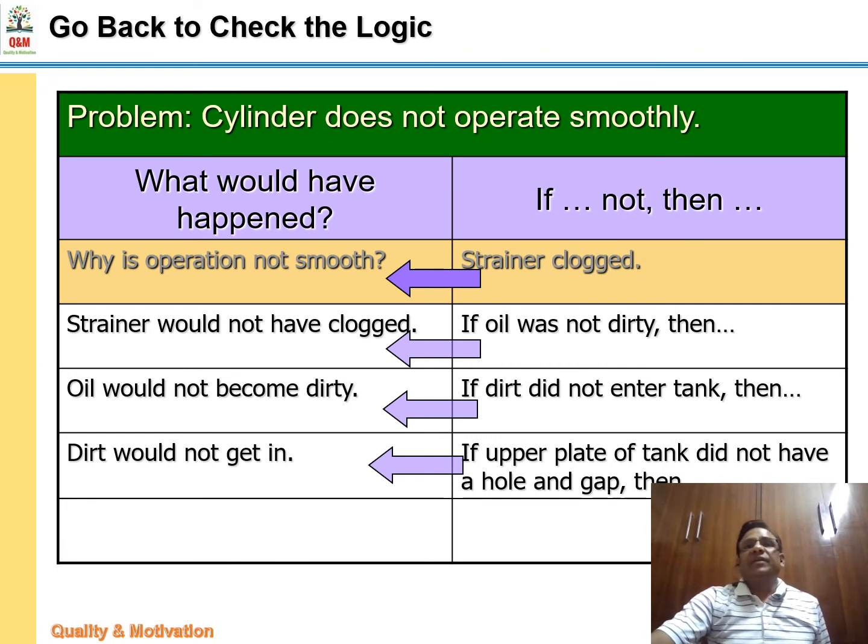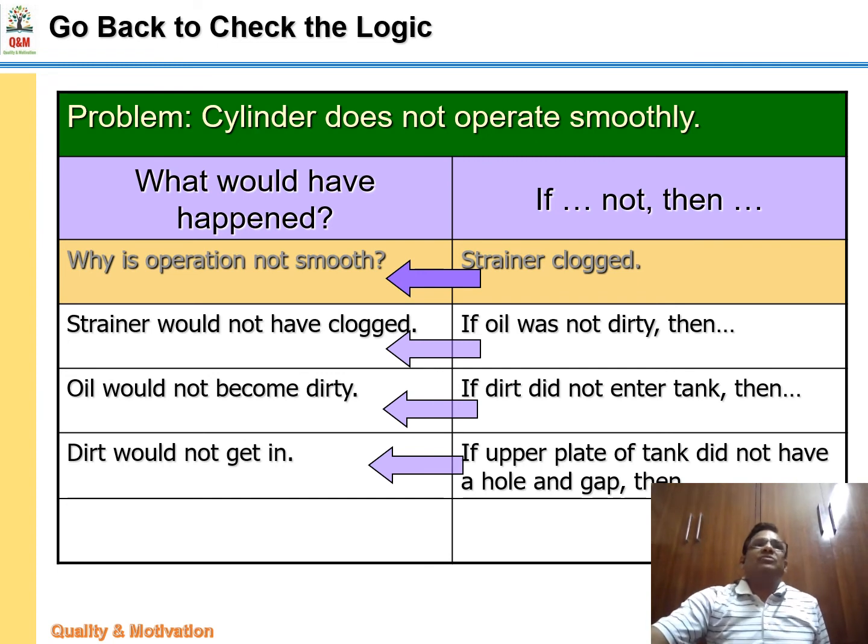The answer is again no. If the oil was not dirty, then the strainer would not have clogged. Yes. If the strainer was not clogged, then the operation of the cylinder was smooth. Yes. It means our logic is matching with the solution.